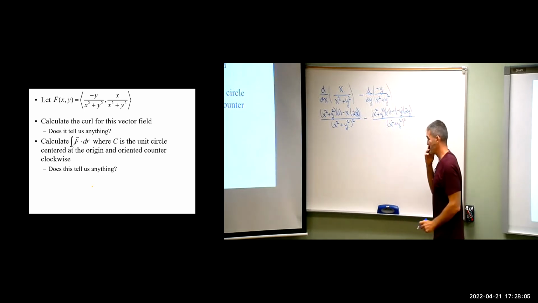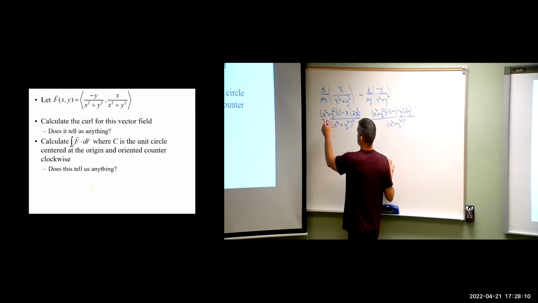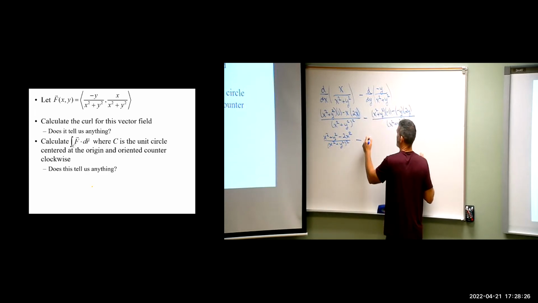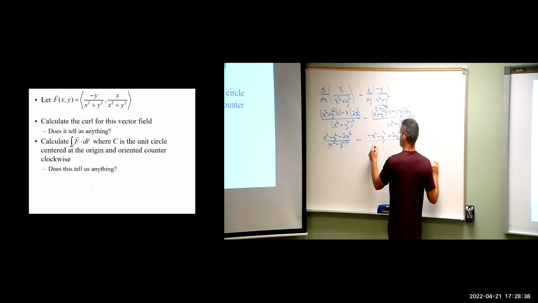Got to simplify those numerators in order to see what is going on. So over here, we got x squared plus y squared minus 2x squared, so we got x squared over x squared plus y squared squared. Minus, now here, I got a negative x squared, because I'm distributing this -1. Negative x squared minus y squared plus 2y squared, all over x squared plus y squared squared.